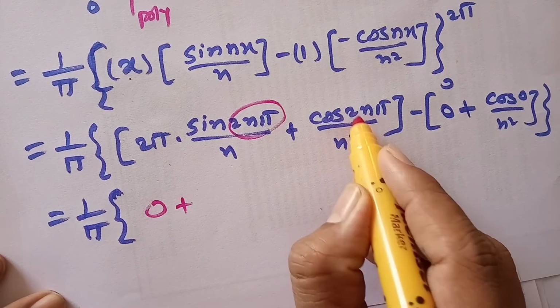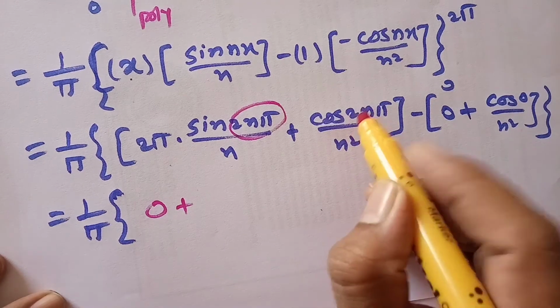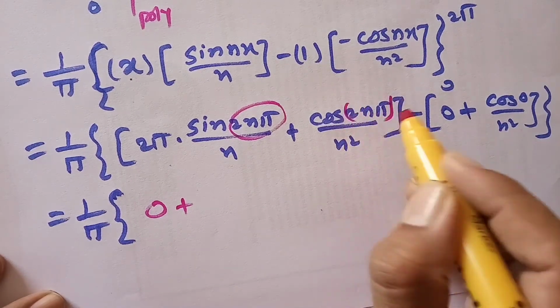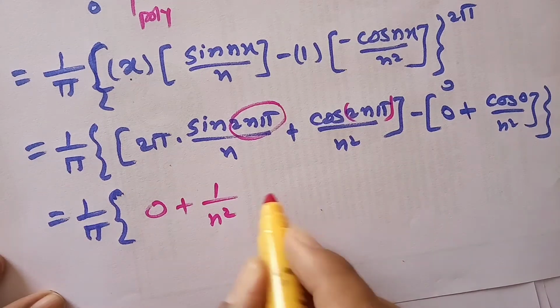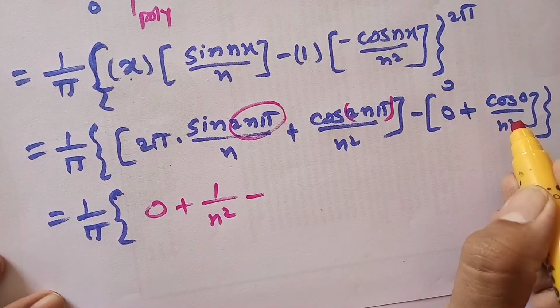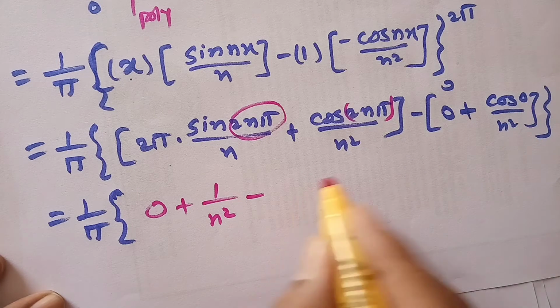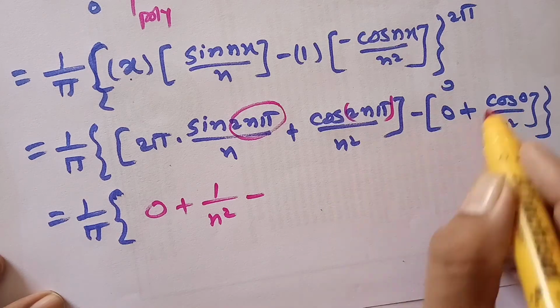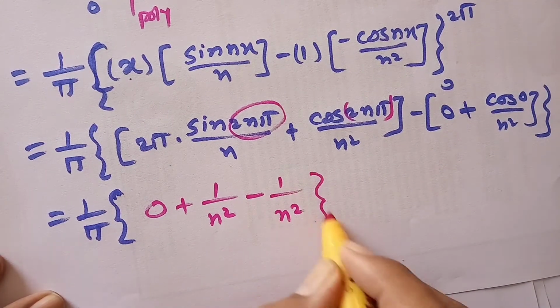Plus cos of 2n pi. Cos of 2n pi is 1. This is 1 divided by n square, minus cos 0, which is 1, 1 divided by n square.